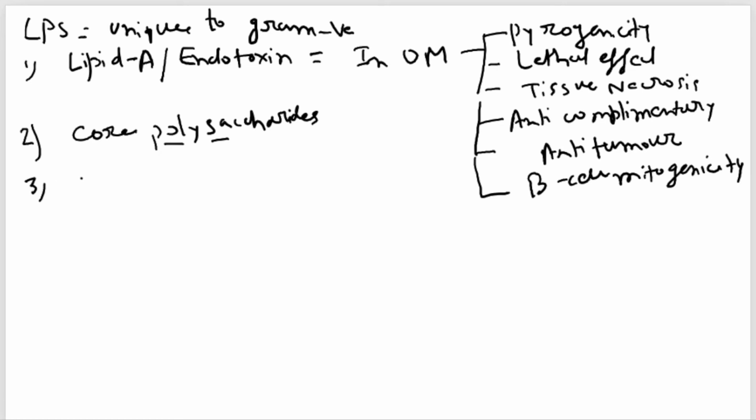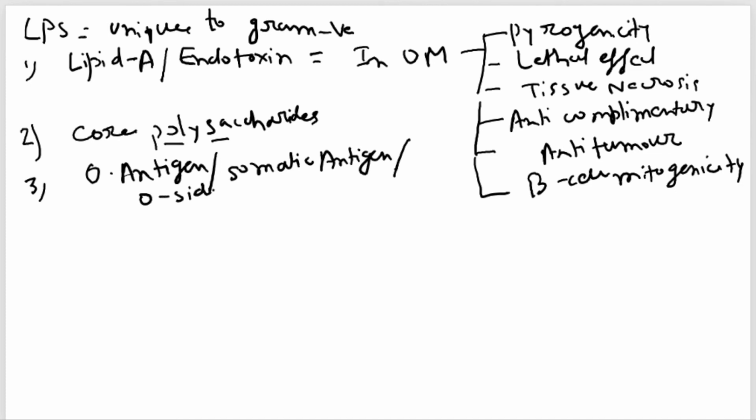The third structure of LPS is the O antigen. You can call it O antigen, somatic antigen, or O side chain. It induces antibody formation.